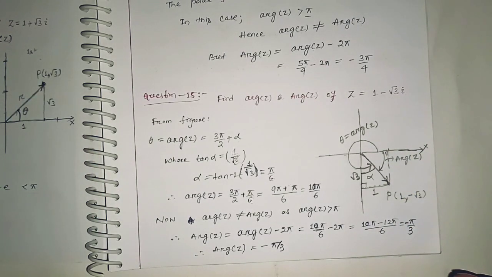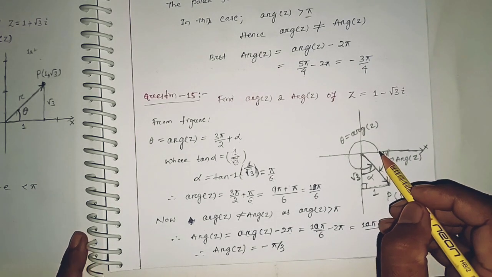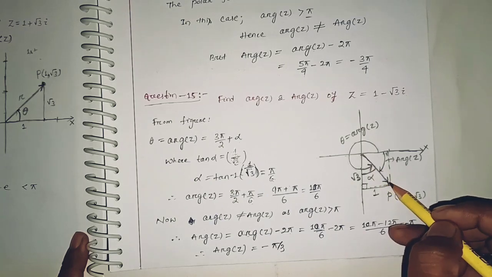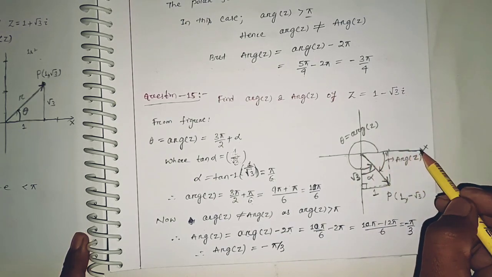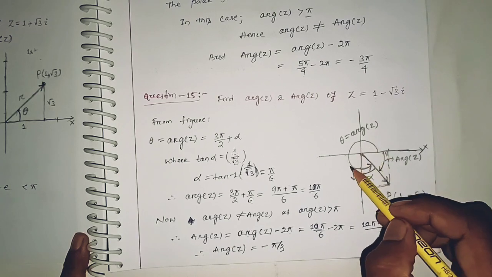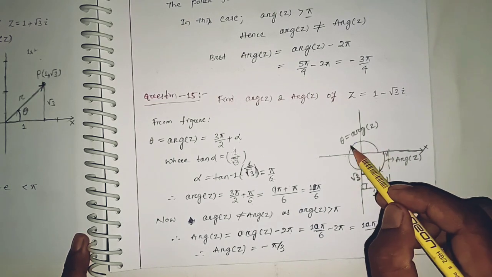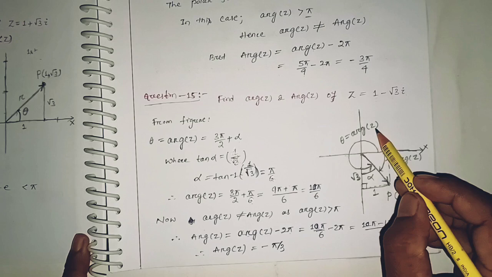Now here you can see that the argument is nothing but the angle made by the vector of this complex number with the positive real axis, from here to here. So this one will be your theta or argument of this complex number.